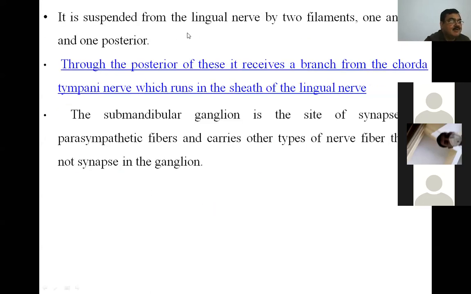It is connected to the lingual nerve by two filaments, one anterior and one posterior. Through the posterior one, it receives a branch from the chorda tympani nerve, which runs in the sheath of the lingual nerve. The submandibular ganglion is the site of synapses for the parasympathetic fibers and carries other types of nerve fibers that do not synapse in the ganglion.